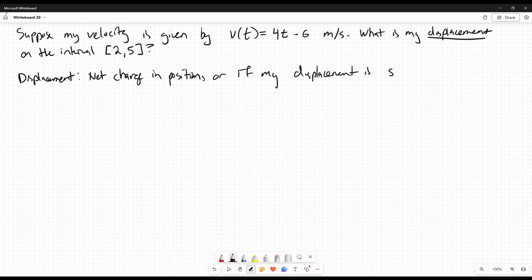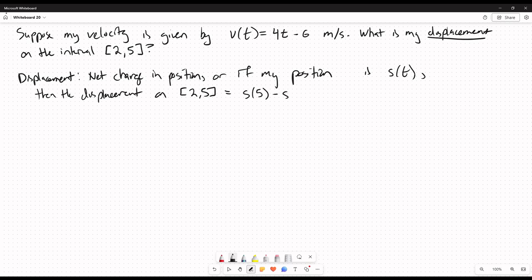If my position is given by s of t, then displacement on the interval 2 to 5 is the net change, which would be my position at 5 minus my position at 2.